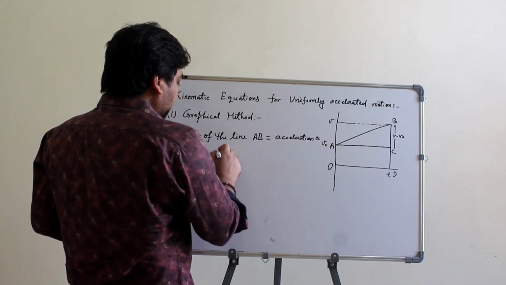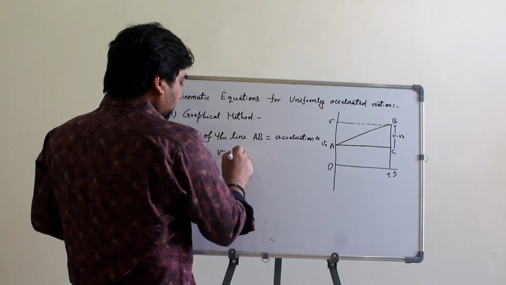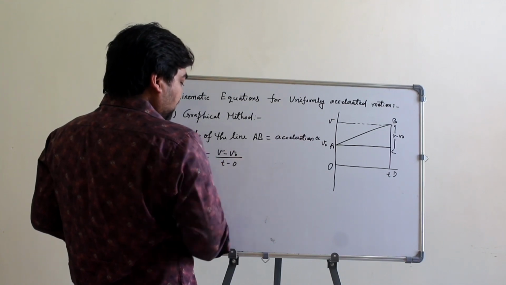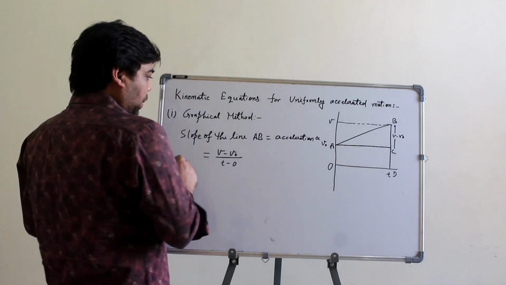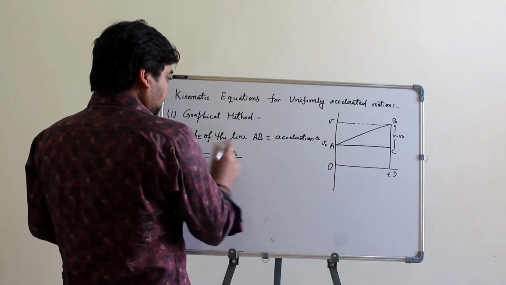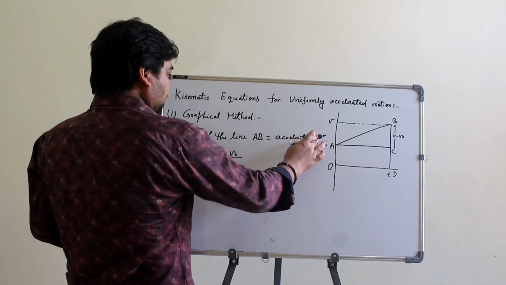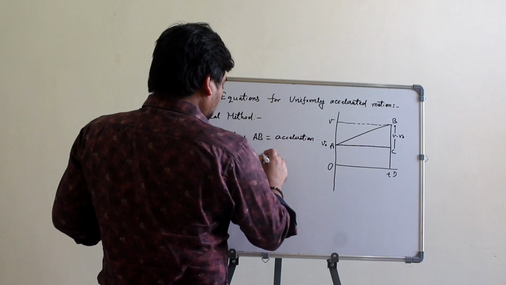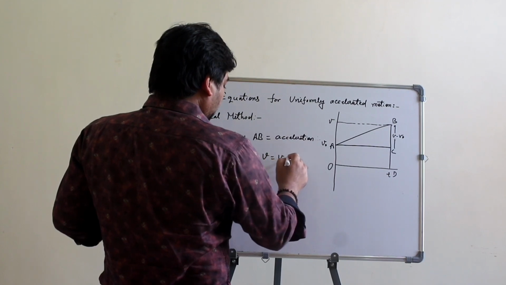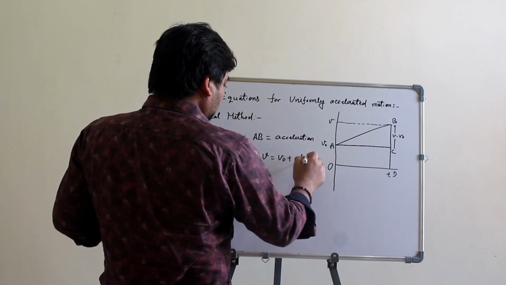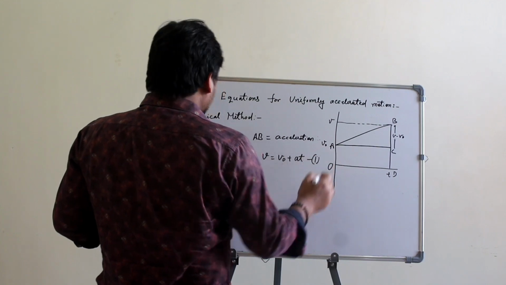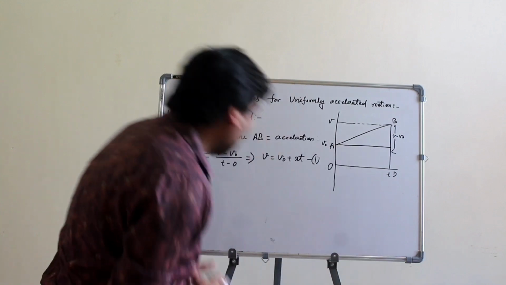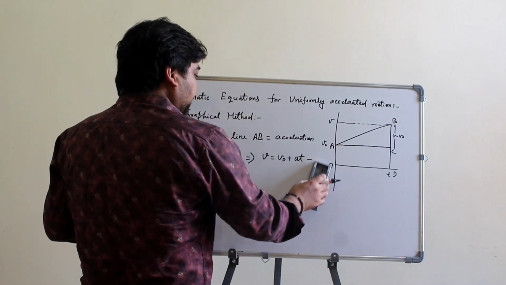It is V minus V naught divided by T minus 0, right? Which gives you V equals V naught plus AT. That's the first equation, equation A, right?